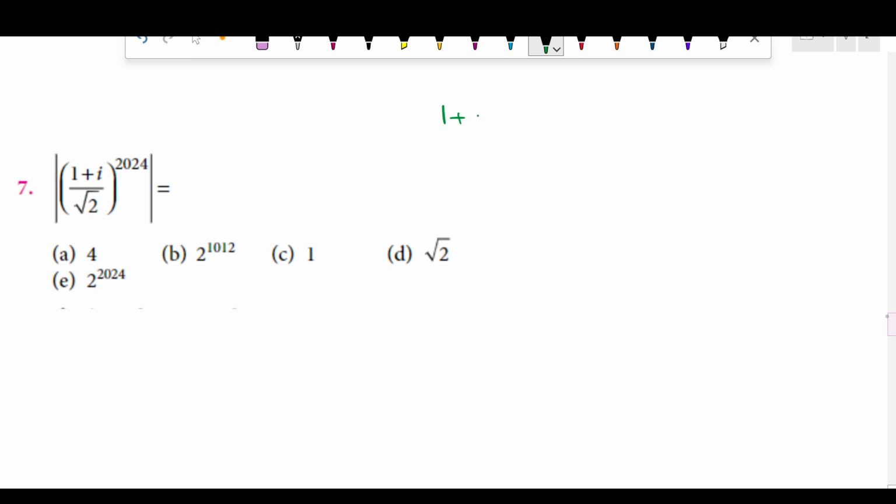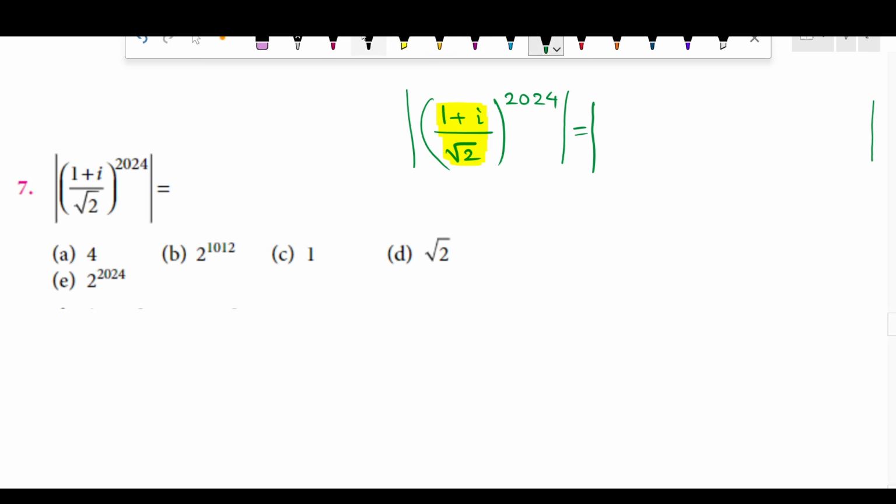Next, question number 7. We want to find 1 plus iota over root 2 whole to the power 2024, right? And a mod is also there. First of all, we check this part, right?